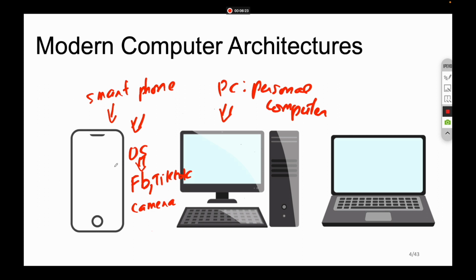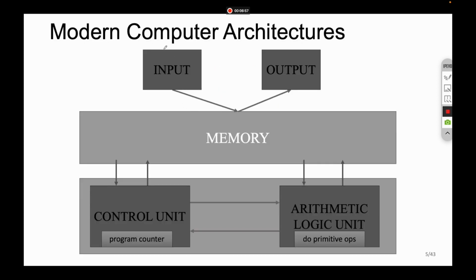When you open an application, the smartphone does a specific function. Even though your smartphone is small, it is a general purpose computer, or stored program computer. Nowadays, all of these computers follow exactly one architecture, which we call modern computer architecture.